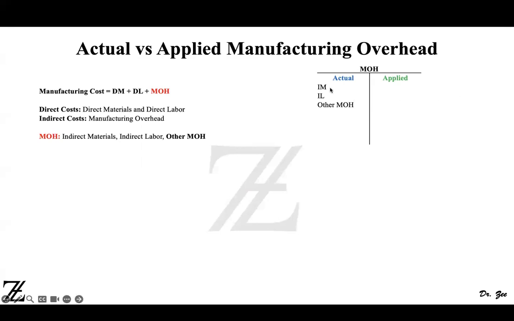So as you can see, when you incur the indirect material cost during the period, you're going to put it on the actual side of the MOH account. When you incur the indirect labor, you're going to put it on the left-hand side.